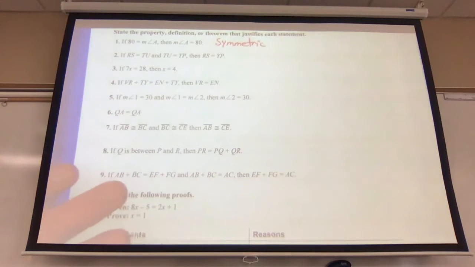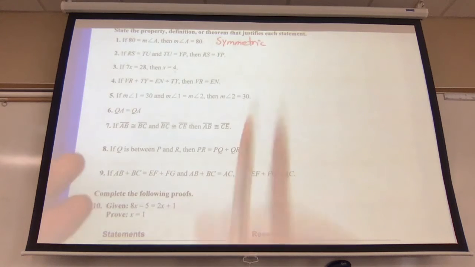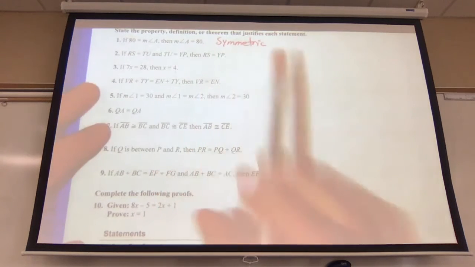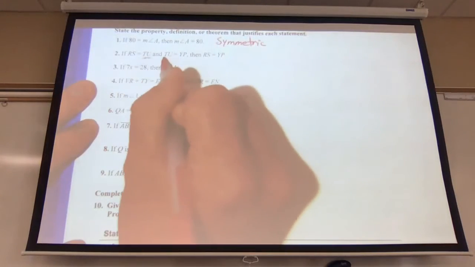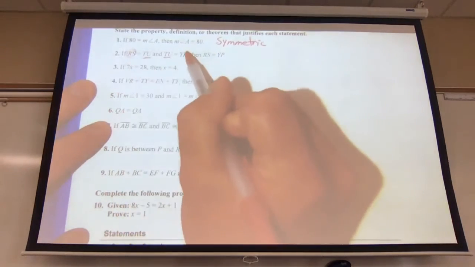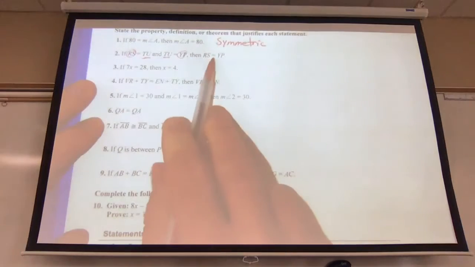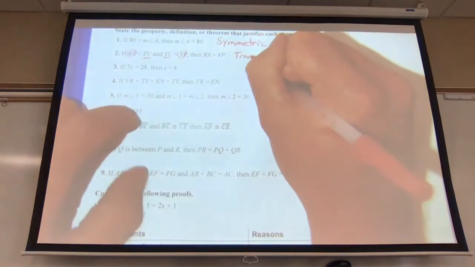Either one is fine. The second one says if RS equals TU and TU equals YP, then RS equals YP. And what we did here is the TU in the middle disappeared, and we put the RS and the YP together to make them equal to each other. Now, this one is set up as the transitive property.